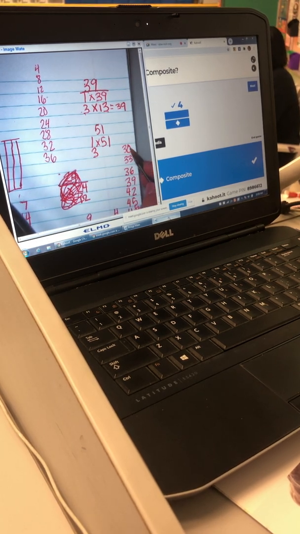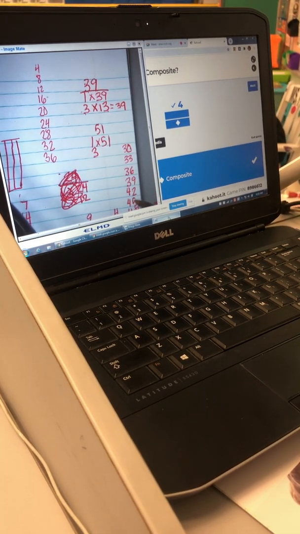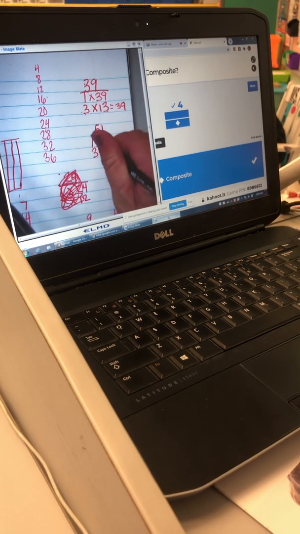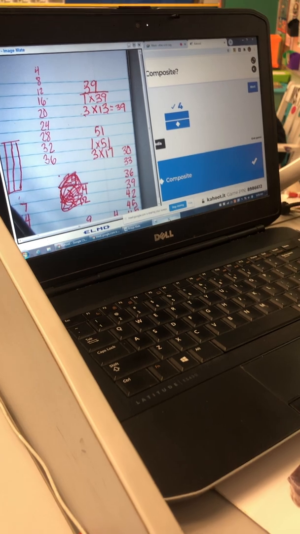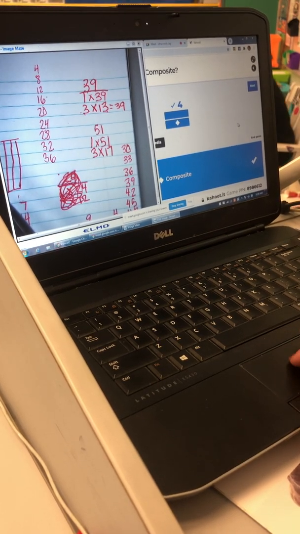So that's 10, 11, 12, 13, 14, 15, 16, 17. 3 times 17 is 51. So it is a composite number.